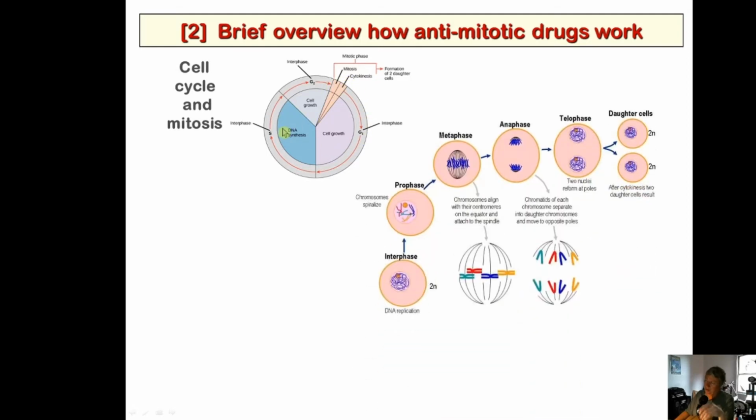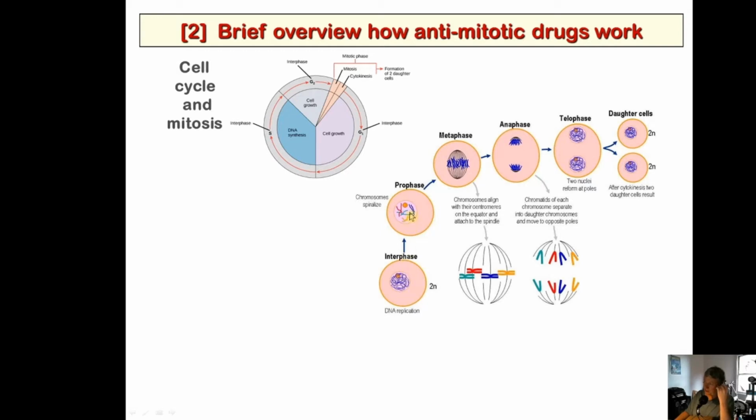Okay. This is a miniature version of how mitosis actually works. During interphase, all of the DNA is replicated in the nucleus.